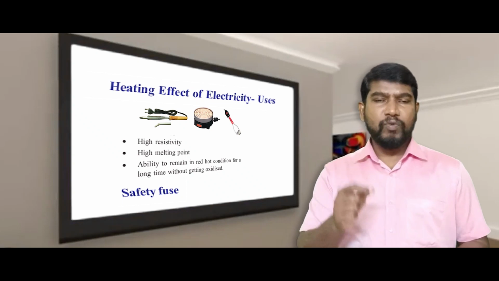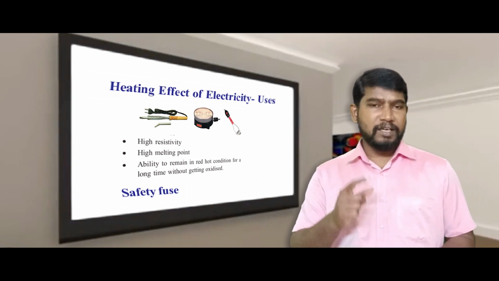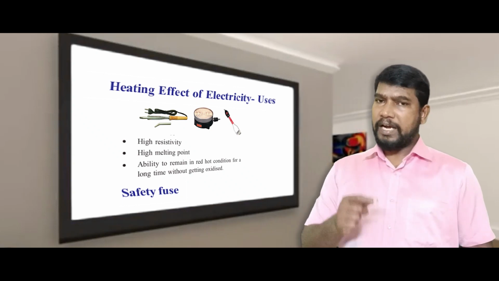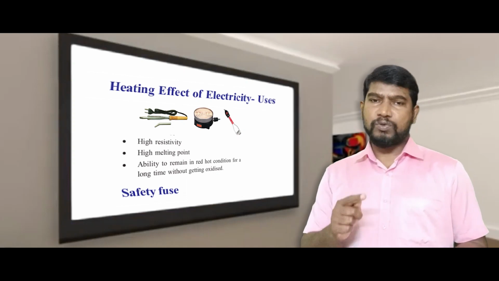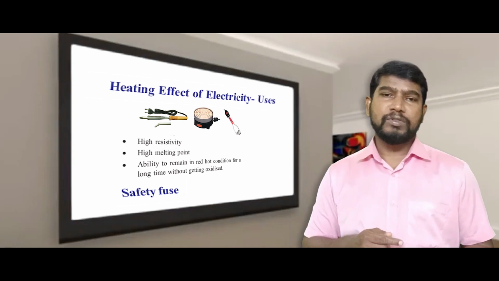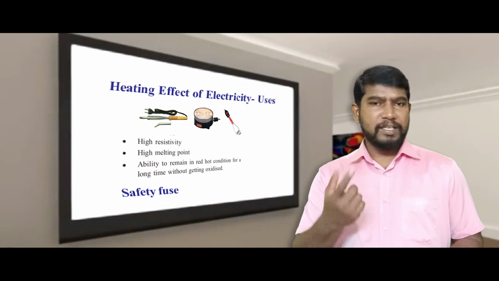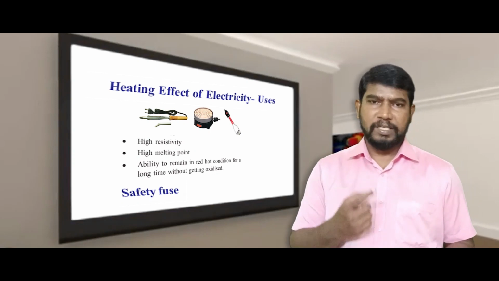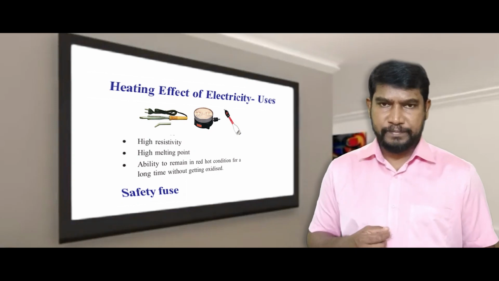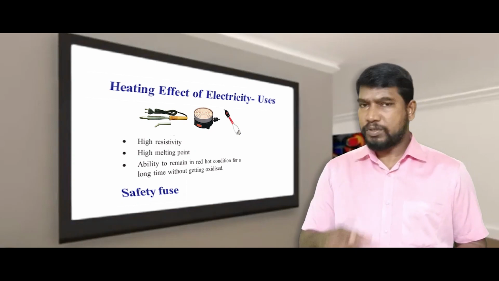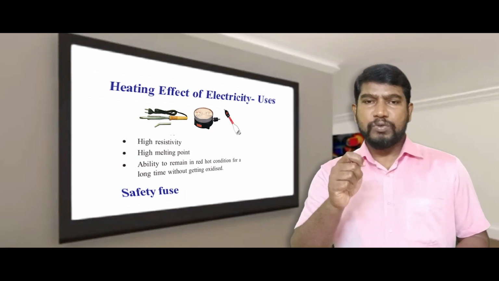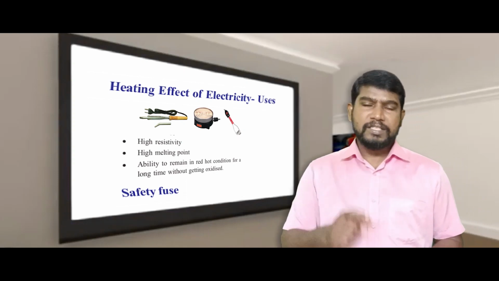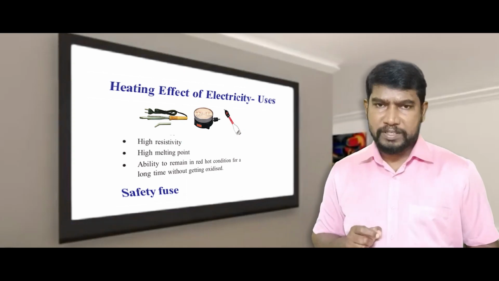The third, very important thing is that you should not allow the fuse wire to project outside the fuse carrier, because it is a life-threatening situation, fatal for electric shock. To avoid electric shock, do not allow the fuse wire to project from the fuse carrier. These are the important things we have discussed.